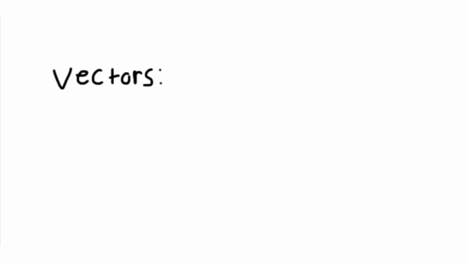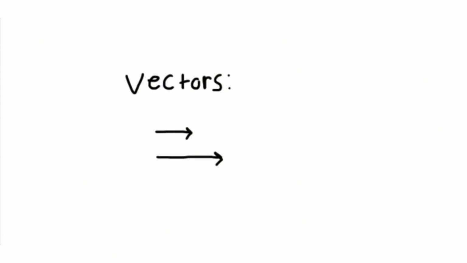Now the next thing I want to talk about is vectors and how we represent them. So vectors are usually drawn as arrows, and the direction of these arrows and the length of these arrows show just how big the vector is, what its magnitude is. So essentially, the longer the arrow, like that one down there, can represent something like a faster velocity or a larger displacement.